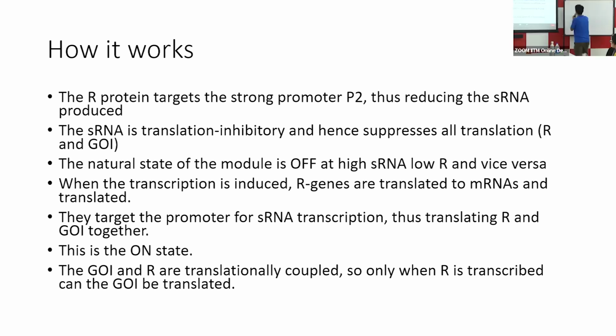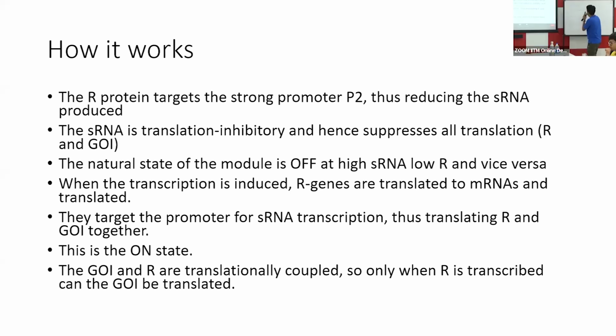So effectively what we have is an inducible module over here and a digitalizer module over here. Now let's consider a natural off state. What that would mean is that you have a high amount of this sRNA inside the cell, and what that sRNA does is it stops the translation of the entire repressor and the gene of interest.